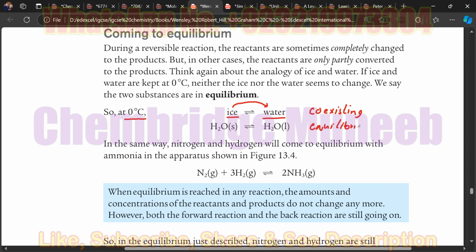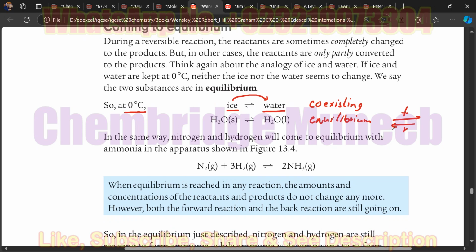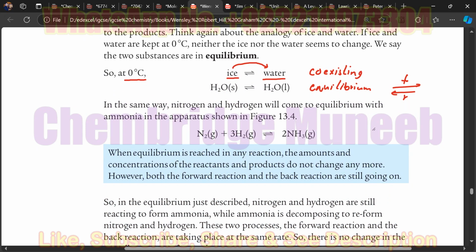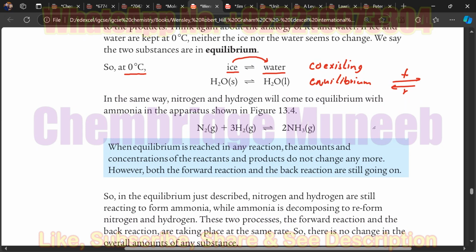The equilibrium stage is one in which both the forward and backward reactions are occurring at the same rate. This is forward, represented by capital F, and this is backward, represented by small r. So in this case, both forward and reverse reactions are happening. Is that clear?